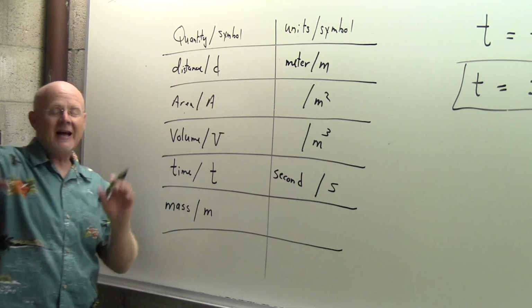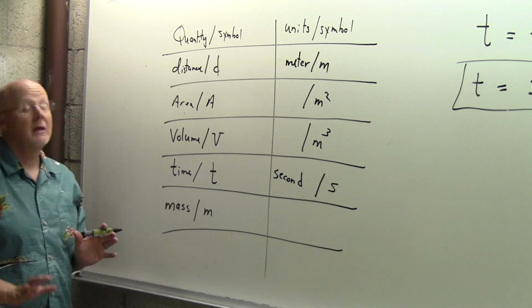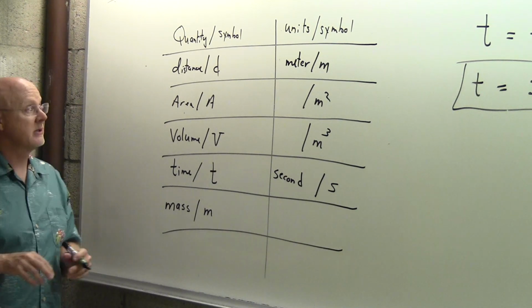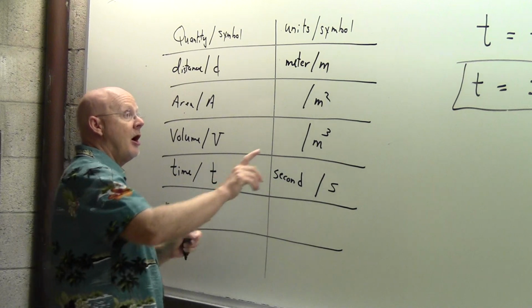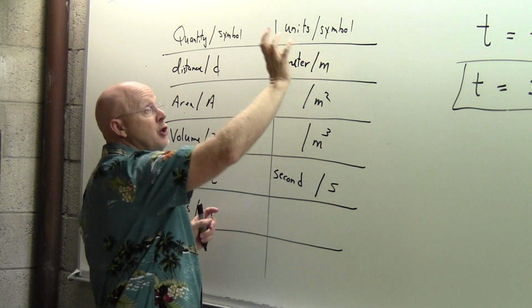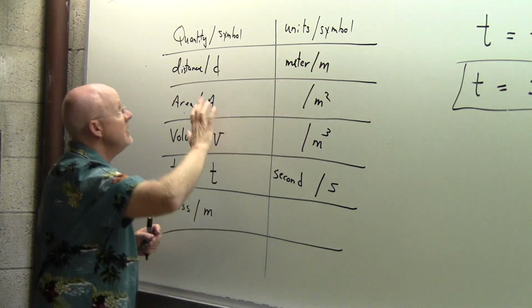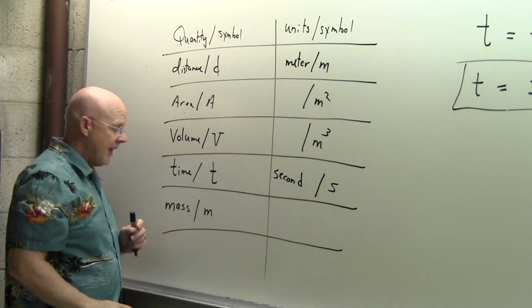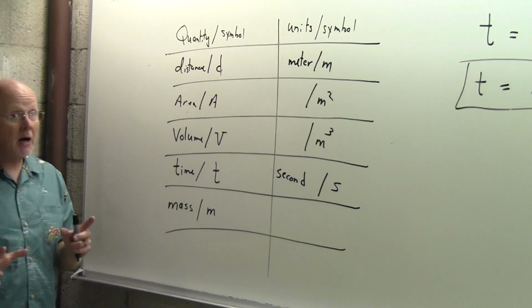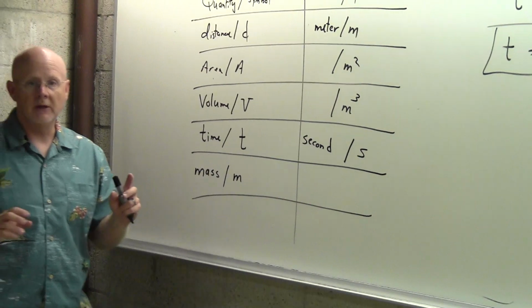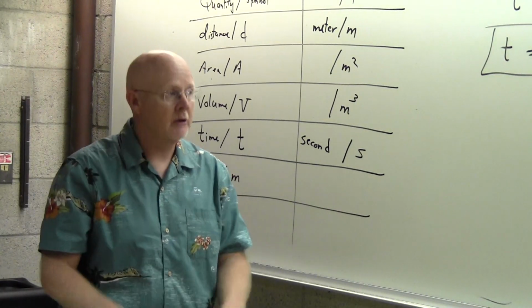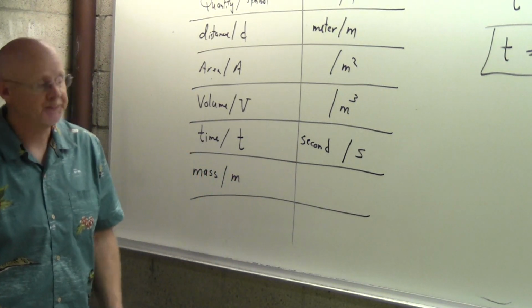These are not different classes, but they are different ideas. These are the units, these are the quantities. And keeping that in mind, you hopefully will never confuse the two.